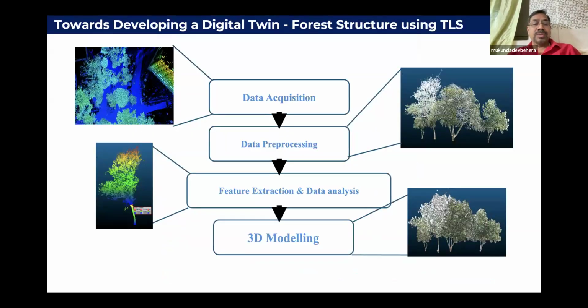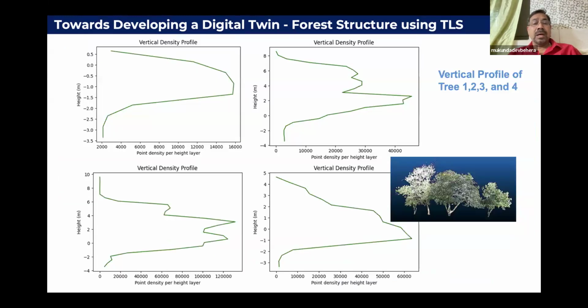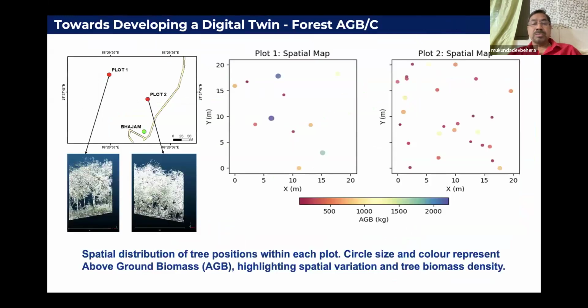So what we do, we have started doing the 3D based data collection at various seasonal time frames, and trying to analyze the TLS based data clouds, the 3D data points, and coming up with all these profiles in terms of the various tree and height and all these profiles and spatial maps, and also calculating the estimates of the biomass or above ground biomass and carbon.